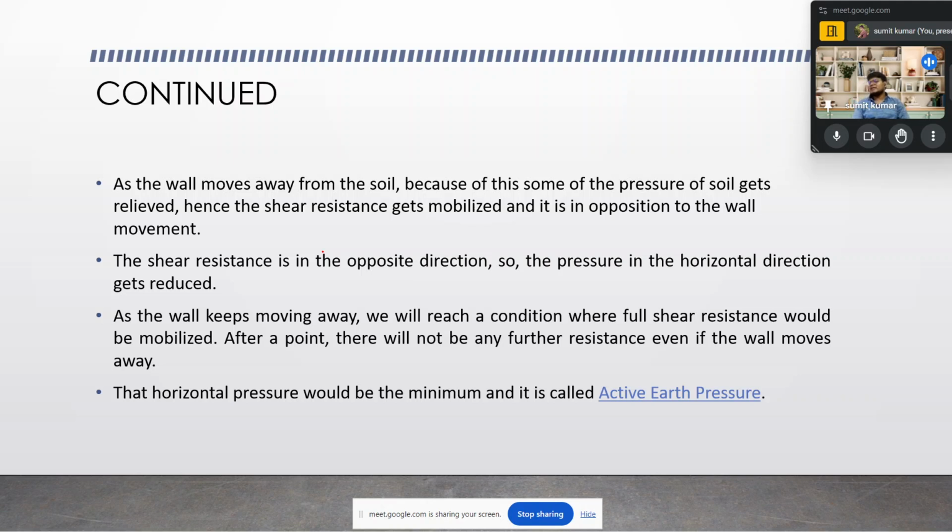Okay, over here again the question could be framed from the triaxial test. You think over there, what is the maximum principal stress and minimum principal stress? Over here, the stress applied in the vertical direction due to the soil mass at the specific section is the maximum principal stress, while the stress applied in the horizontal direction, as it is released due to the movement of the wall away from the backfill, resulted in the reduction of the earth pressure in the horizontal direction.